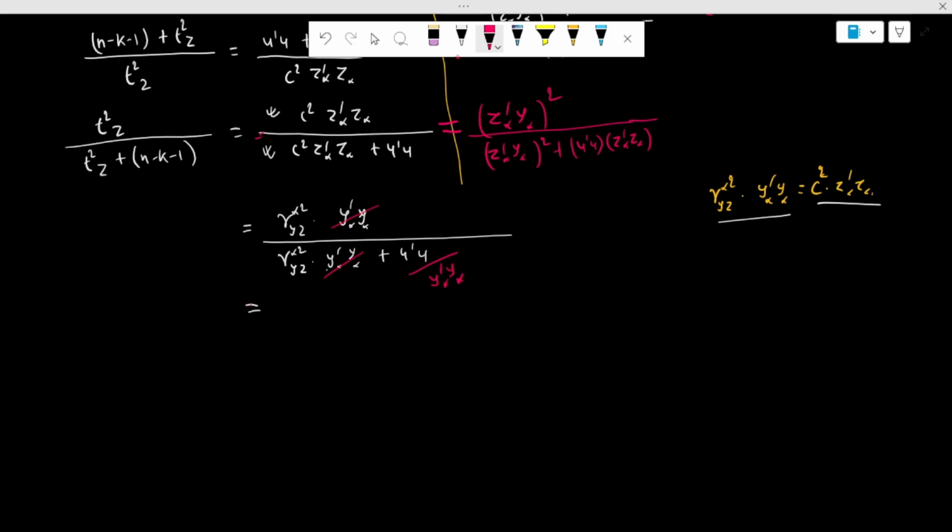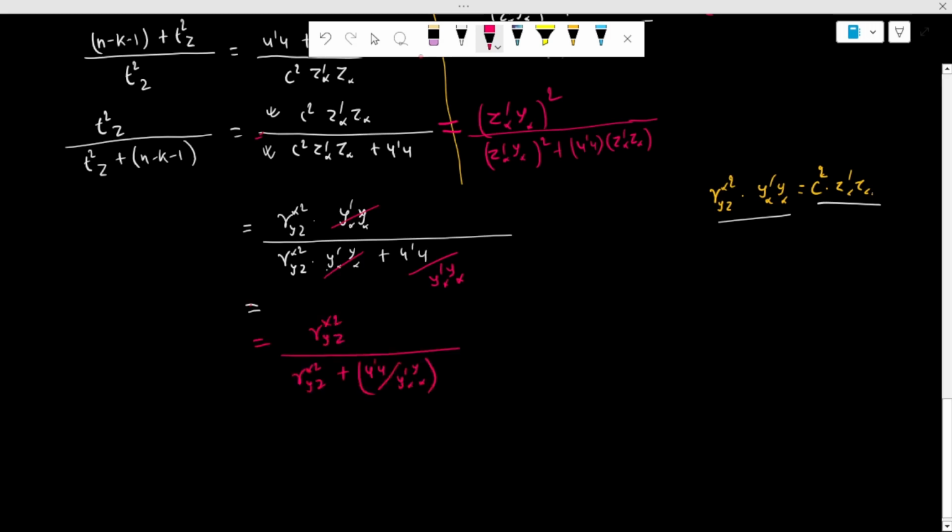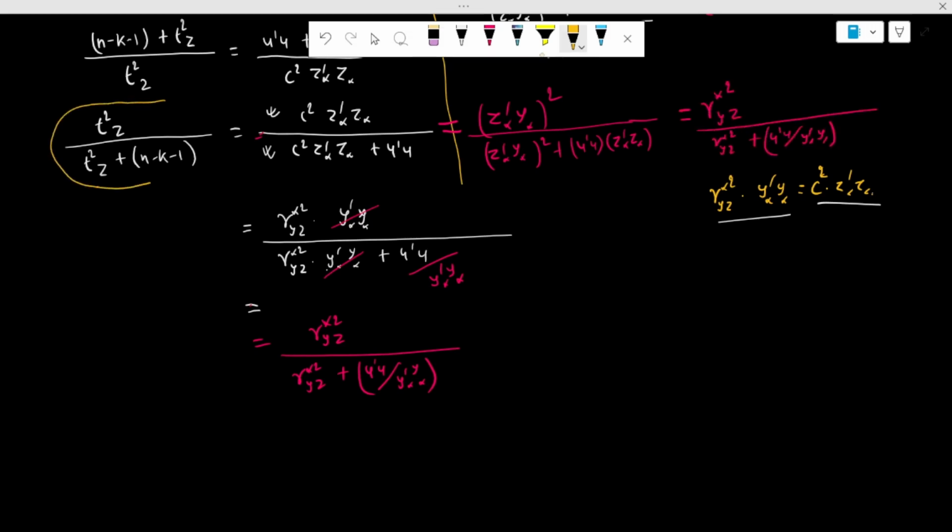So our result is equal to, let me write it once again over here, this relationship. This is also equal to the square of the partial correlation coefficient between the dependent variable y and an individual variable z, after parceling out the effect of x. And this is also equal to the partial correlation between y and z after parceling out the effect of x.